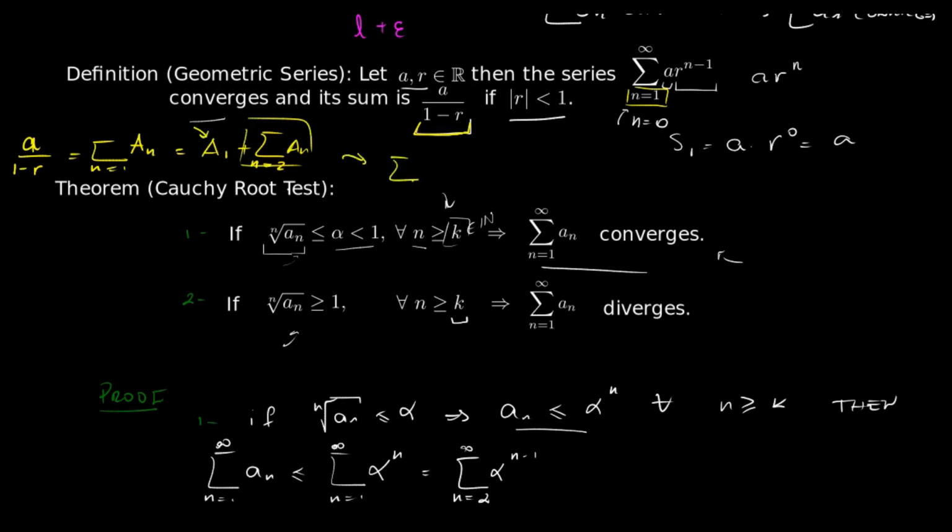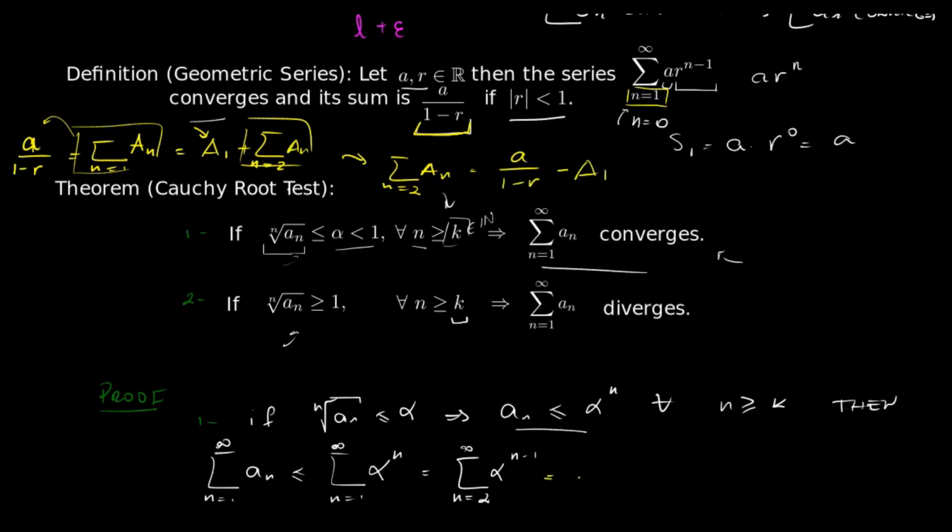So the sum from n equals 2 of a random sequence a sub n, if the sum from n equals 1 is equal to this, will be a over 1 minus r minus the first element. And this is something we can use here.